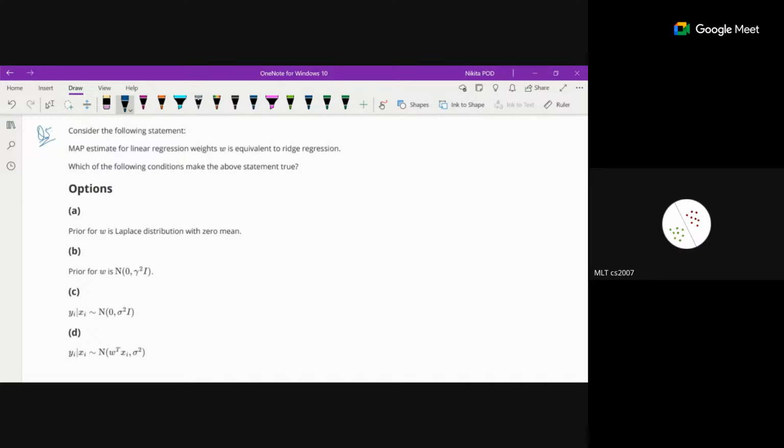What are the assumptions made to find this? B and D. Yes. The prior was taken as normal with mean 0 and variance gamma square, and y given xi was following normal with mean W transpose xi and variance sigma square.